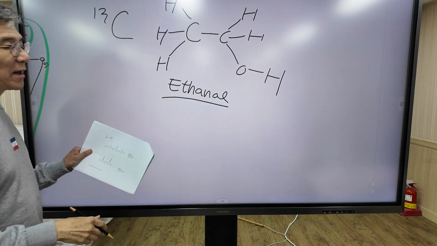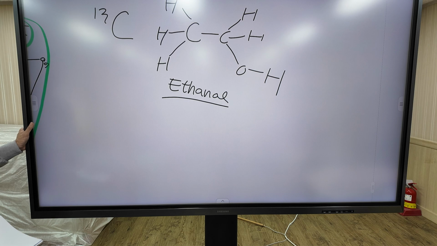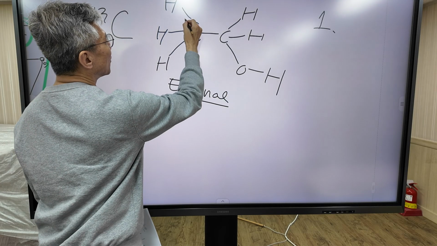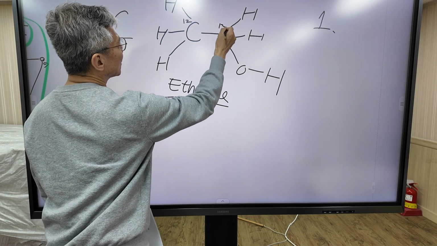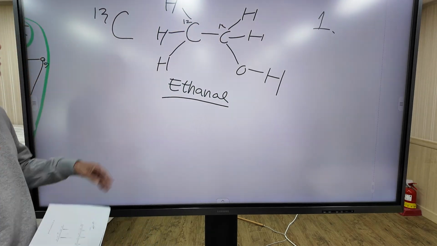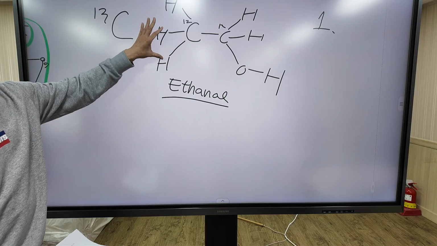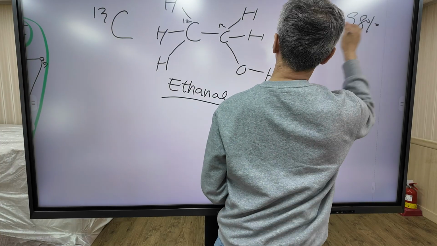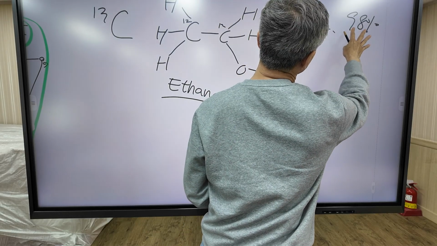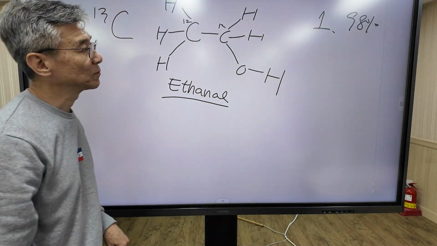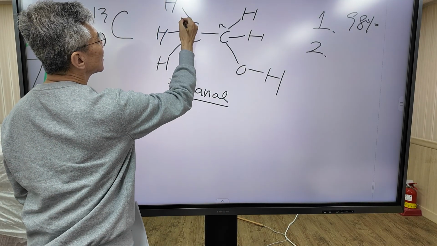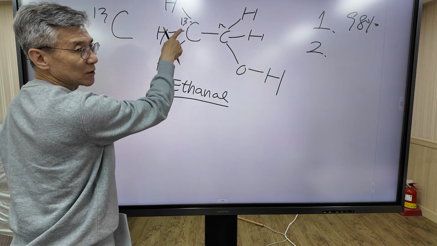When you purchase ethanol, the sample contains a mixture of 4 molecules. In the first molecule, both carbons are carbon 12. The majority of the material is this molecule, accounting for 98% of the total sample. In the second molecule, this carbon atom is carbon 13.